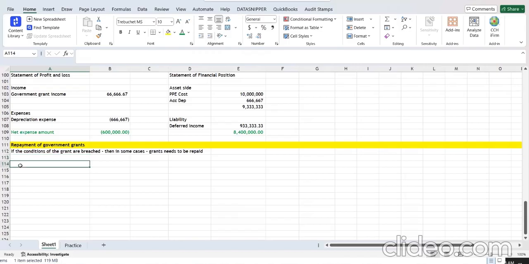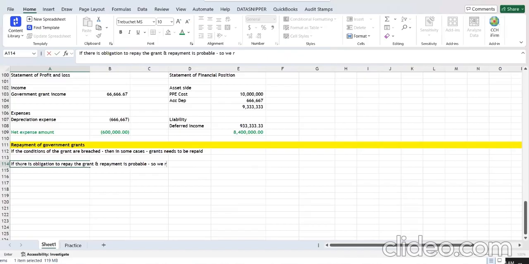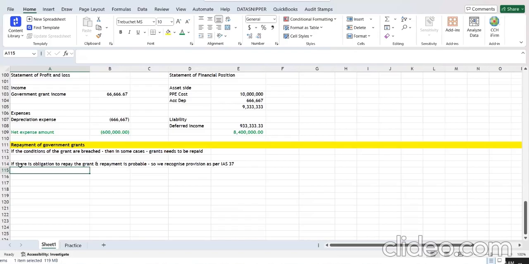And sometimes, if there is an obligation to repay the grant and repayment is probable, we recognize a provision as per IAS 37. All the information on IAS 37 we will be studying in IAS 37 itself, but the information that you need for IAS 20, I will be giving you here.